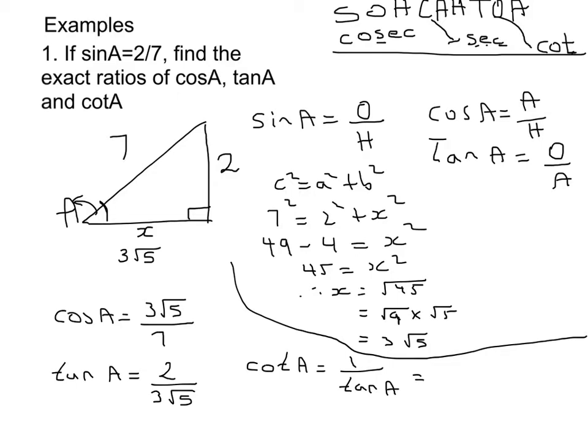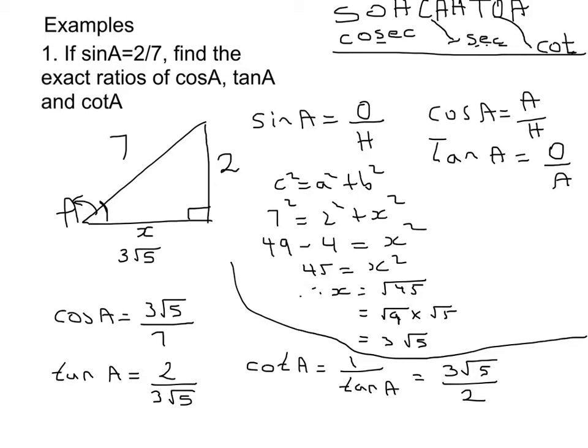So that becomes 1 over 2 over 3 root 5, which is just 3 root 5 on 2. 3 root 5 on 2. And there you have that question.